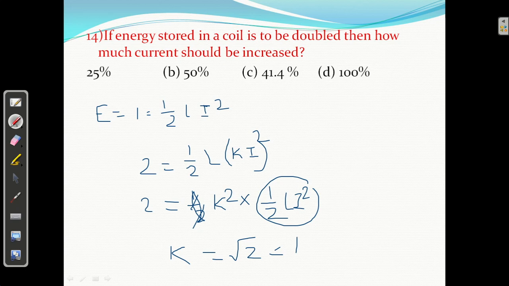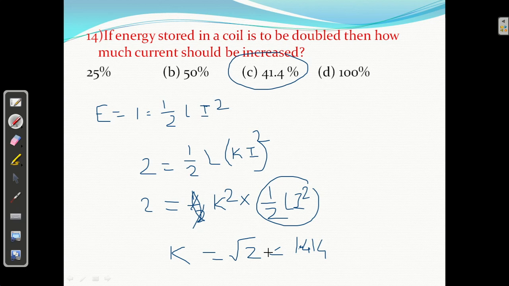You will get 1.414, right. This means you have to make the current 1.414 times, that is, increase the current by 0.414, meaning by 41%. If you increase the current by 41%, your energy will be doubled, right? So that is the correct answer.